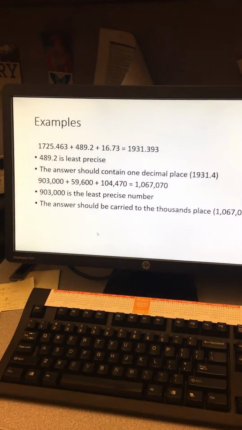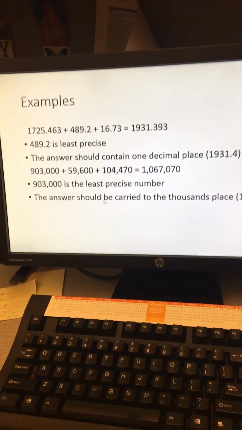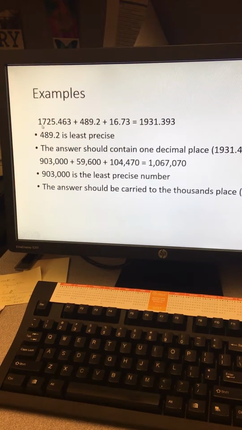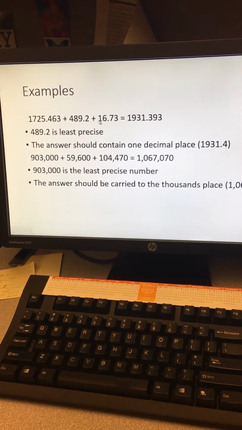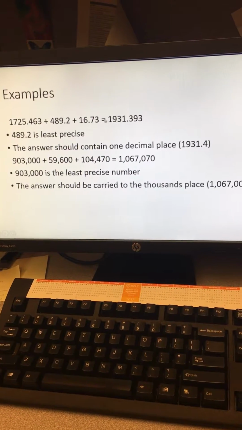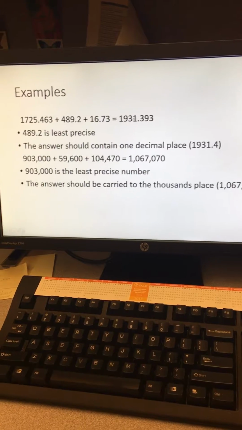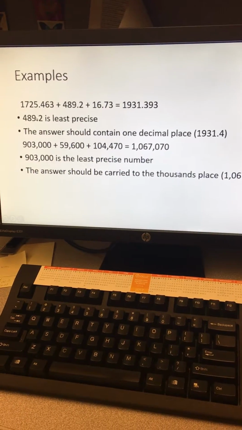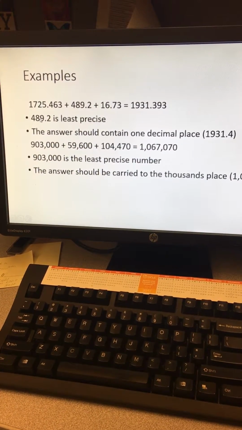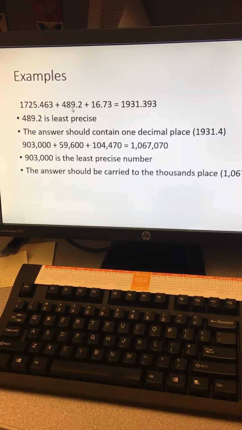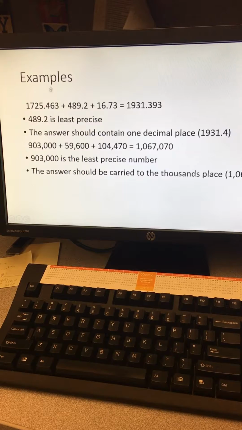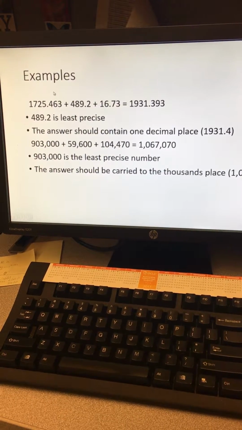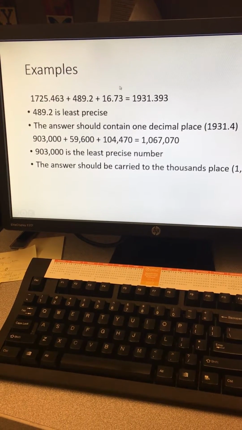So now we look at some adding examples. We have 1,725.463 plus 489.2 plus 16.73 is equal to 1,931.393. 489.2 is the least precise because it only has 1 decimal place, and this example has 3 decimal places right here and 2 decimal places right here.